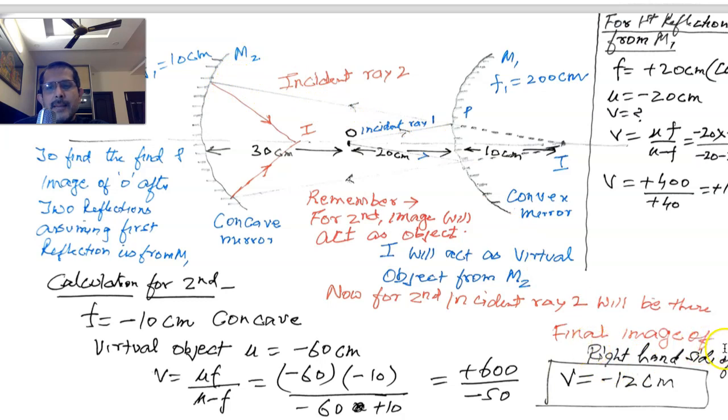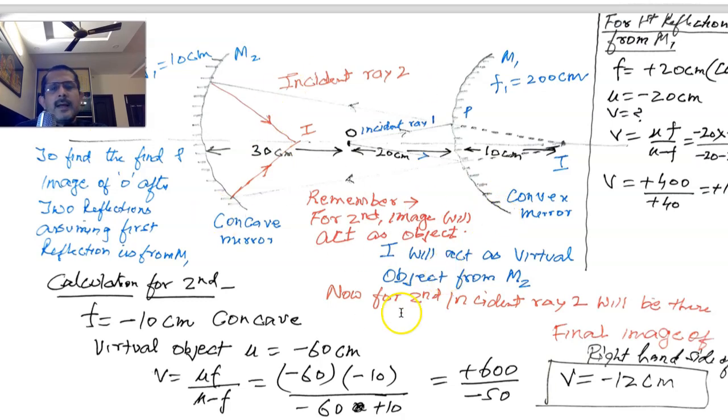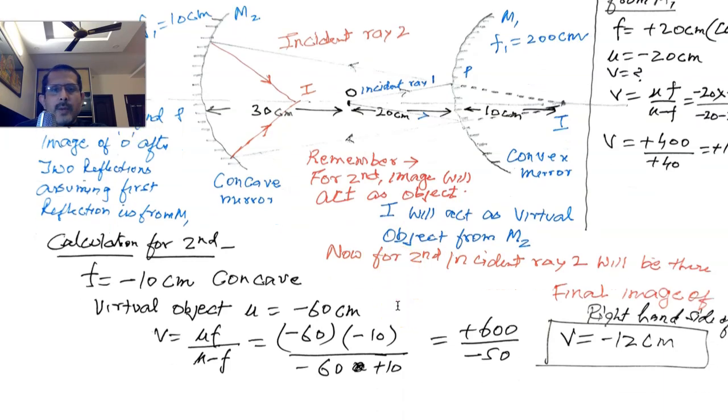So the final image would be on the right hand side of this mirror, which is this way. So it will be somewhere here, the final image. Very good. So again, pause the screen, go through it, and let's quickly move to the next question.